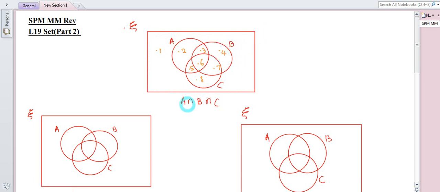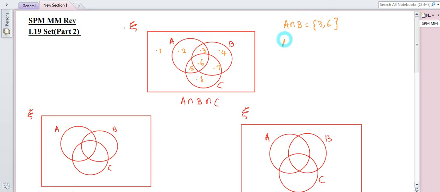Now I want A intersection B. We do it from the left hand side. What are the elements in the A and B overlapping area? Which is 3 and 6. When we look at A intersection B, we just ignore C. Don't look at C. So the A and B overlapping area is here, 3 and 6.